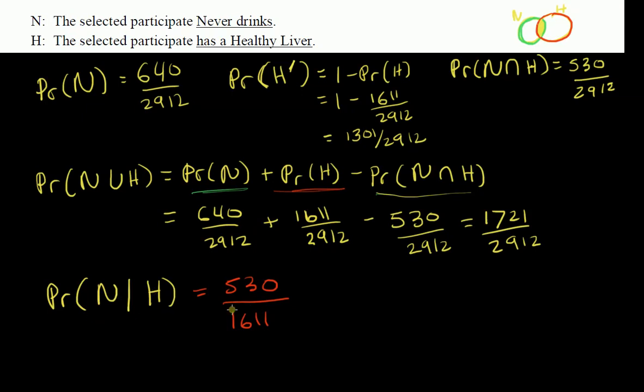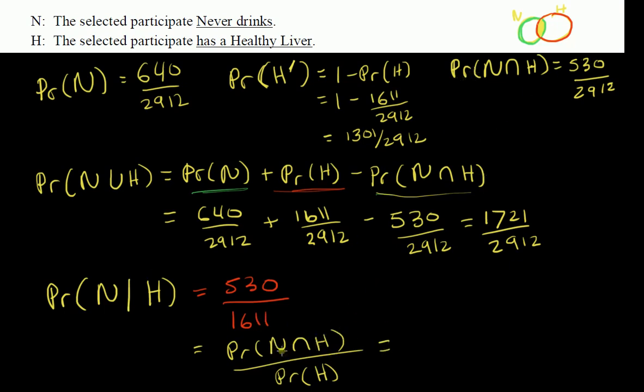That's that conditional probability. Of course, you could have used the formula for this, which would be the probability of never drinks and healthy liver divided by the probability of healthy liver. This is the Bayes formula, or the formula for conditional probability, and we already calculated each of these pieces.